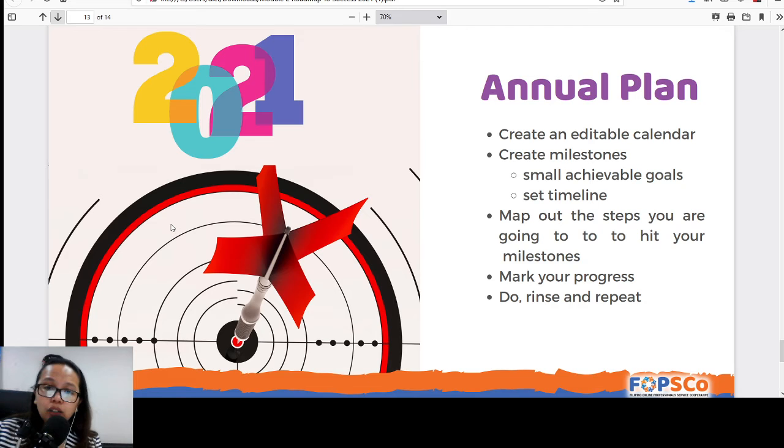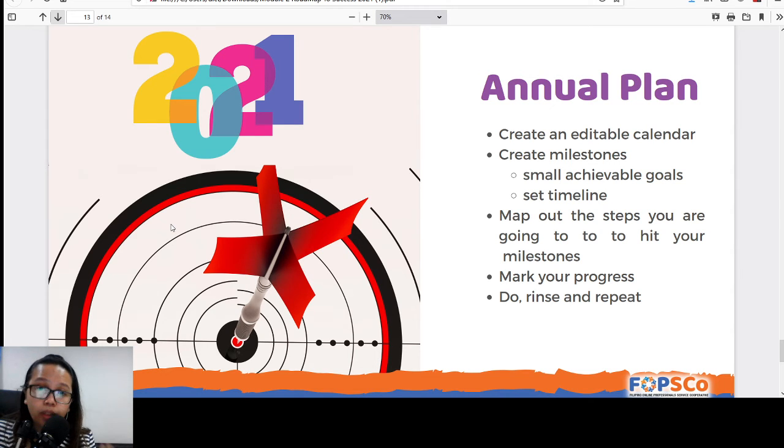So, you will also have your annual plan. You have to create an editable calendar and write down all your goals. Create milestones, small achievable goals, maybe for January. For example, for the personal computer, if you want to purchase it, let's say for January, then you say 2000 and then 2000. So these are small achievable goals and you have to set timelines.